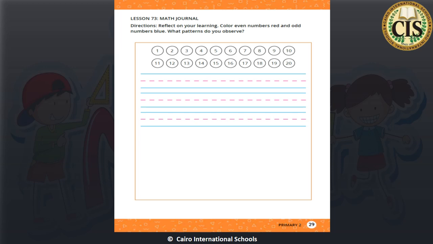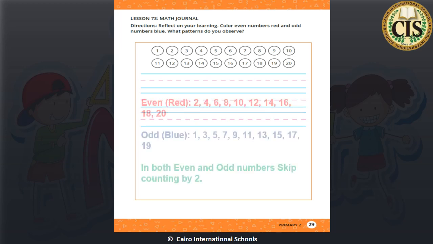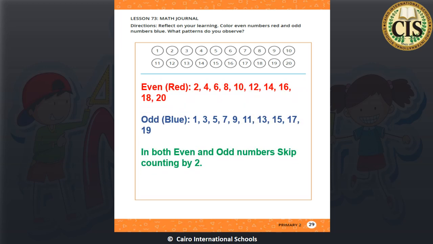Now, lesson 73, the math journal part. Reflect on your learning. Color even numbers red and odd numbers blue. What patterns do you observe? We will color the following numbers with red as they are the even numbers: 2, 4, 6, 8, 10, 12, 14, 16, 18, 20.